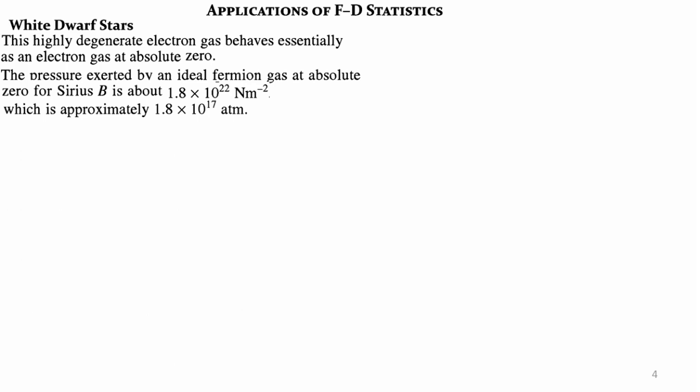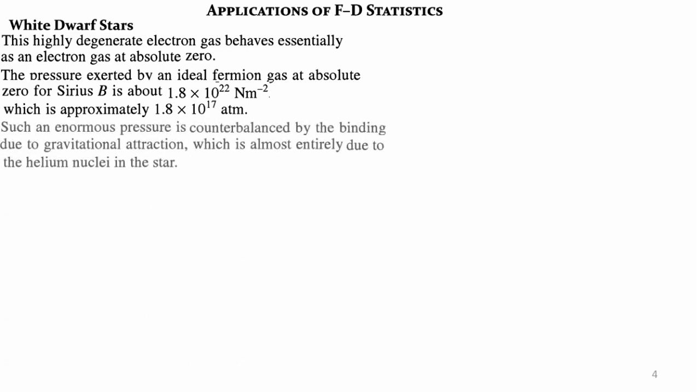So the pressure in the core of Sirius B is extremely large, right? Then there is a question: if there is such a large pressure in the core, what holds the core together? Why doesn't it blast, because this is such a high pressure?